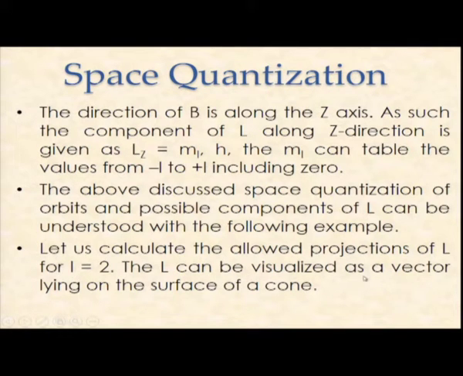The L can be visualized as a vector lying on the surface of a cone. This picture will give you a clear explanation about the total angular momentum of the orbiting electron. This is the actual direction of the total angular momentum, and this is the z direction where the magnetic field is oriented.